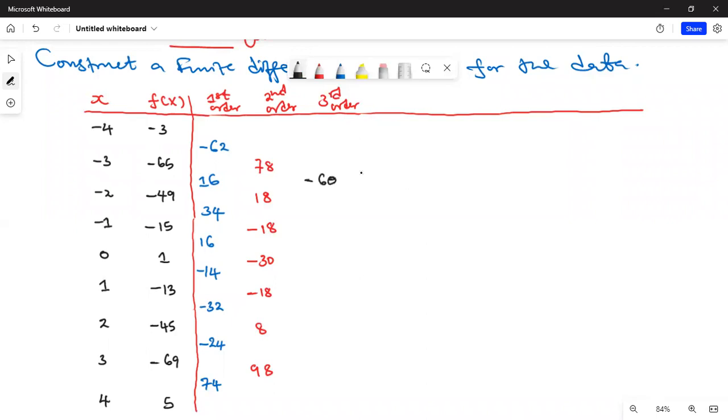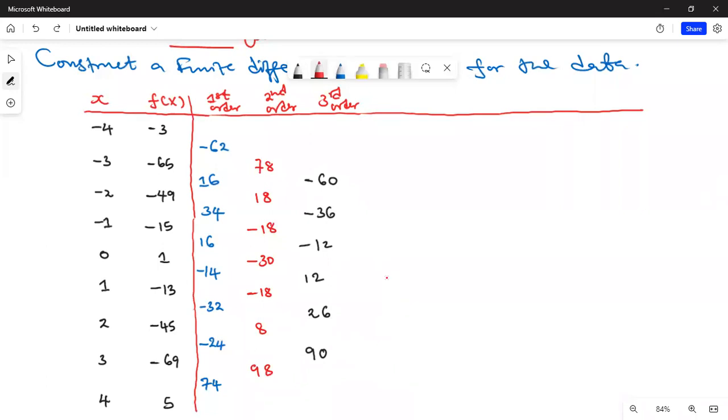Negative 18 minus 18, that's negative 36. Proceed with the same subtraction up to 98 minus 8, which is positive 90. So you proceed in the same manner. So these are the correct values under the third order column.